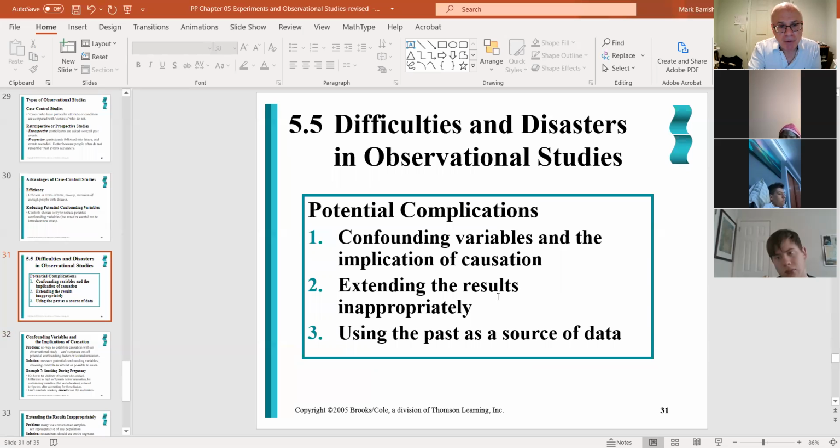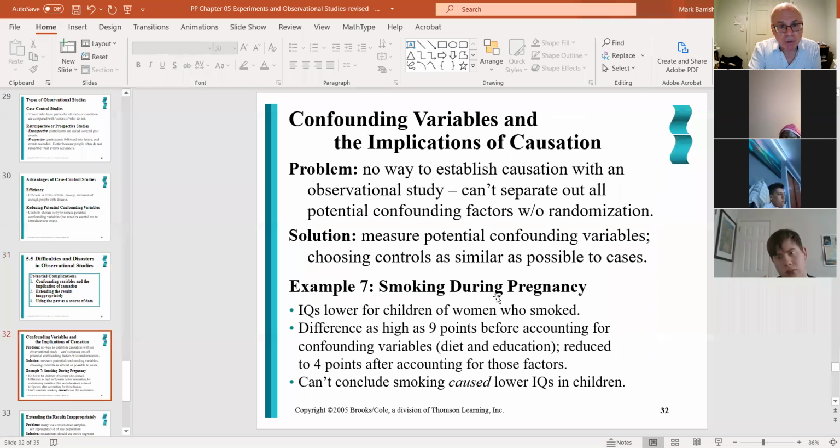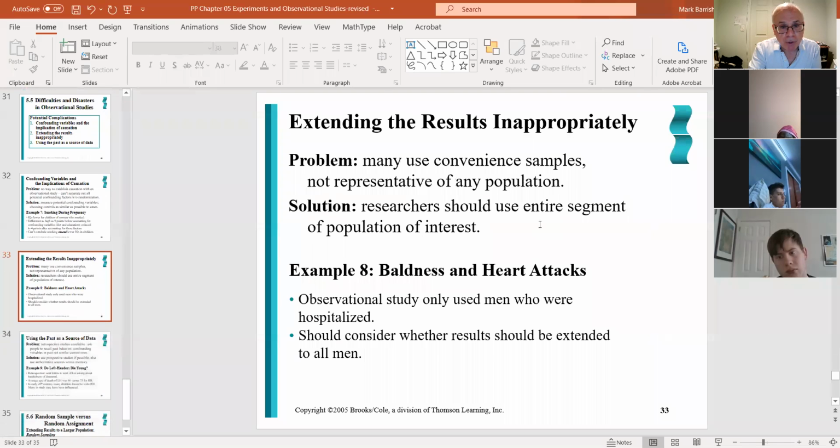And then you should look through this other part here where they talk about the difficulties of observational studies, the idea that you cannot have a cause and effect relationship. You can't control for potential confounding variables. And also, one of the things that you have to realize is that if an experiment has volunteers, then the results may not be representative of the whole population, because the people who were brought into the study were not randomly selected, like through simple random sampling or stratified sampling.